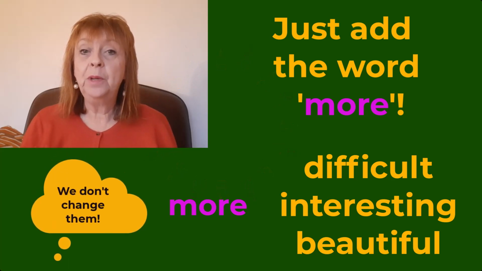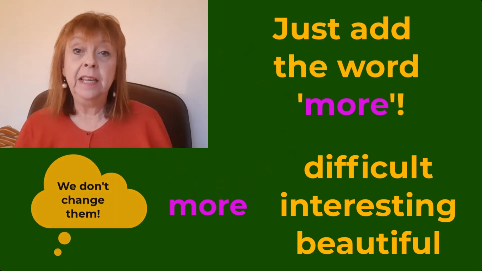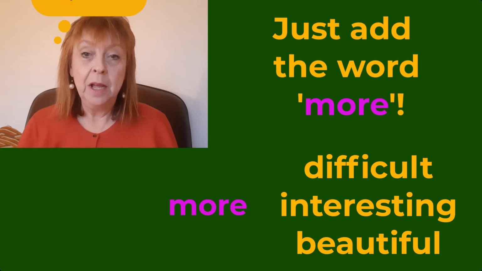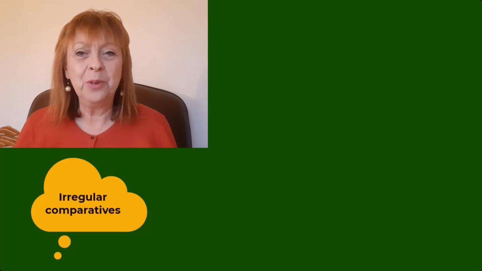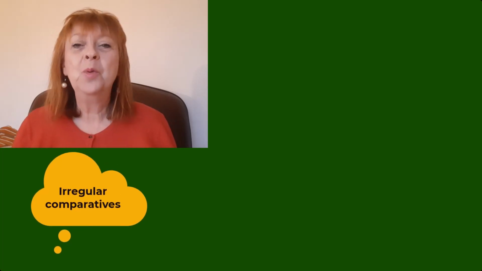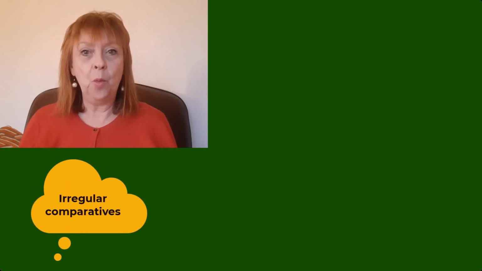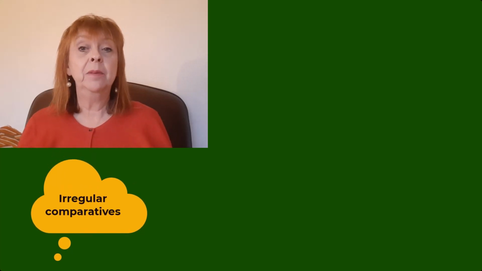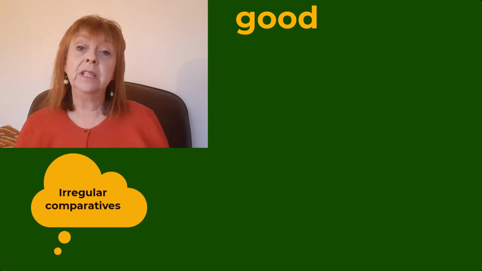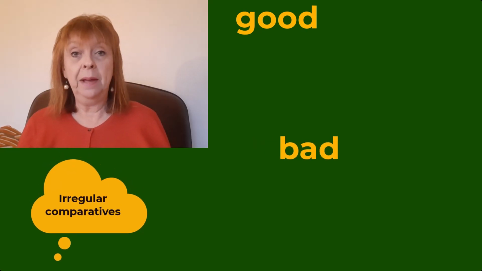Finally, we need to talk about two irregular comparatives because, of course, you know English, don't you? There's always some rules. But there's always some irregulars that work in a different way. And here, the irregular comparatives are for the adjectives good and bad.